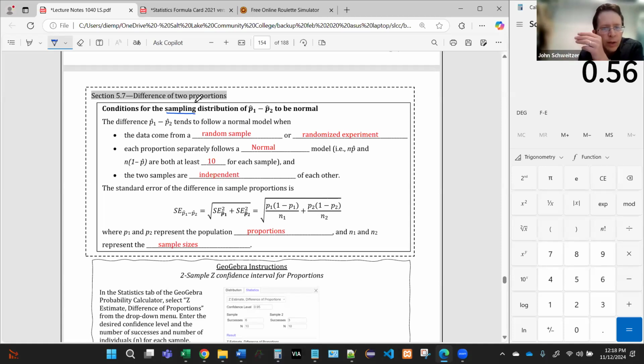Now we're going to come back to inference. We're going to build confidence intervals and do hypothesis testing for the case where we have two categorical variables. And what it works out to be is a difference between two proportions.